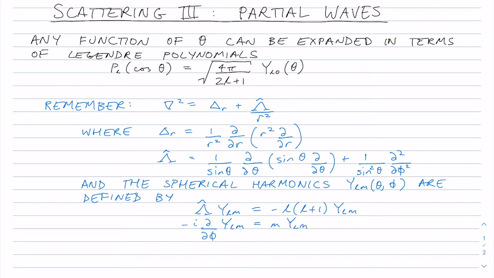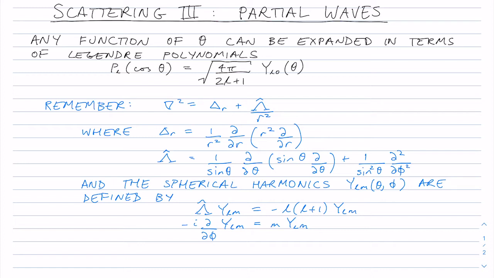So the spherical harmonics are the solutions of the angular part of the Laplacian, and the case that we're interested in is the one where we want to have independence of phi, because we want that axial symmetry, that polar symmetry.